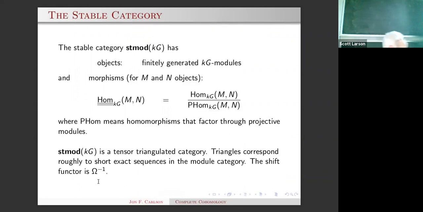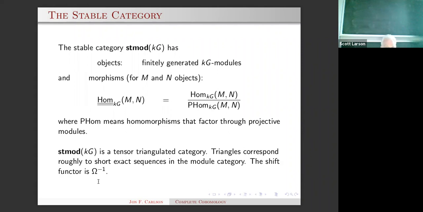And what we should say about this, I think Dan talked a lot about this kind of thing last week, is this is a tensor triangulated category. The triangles basically correspond to short exact sequences.